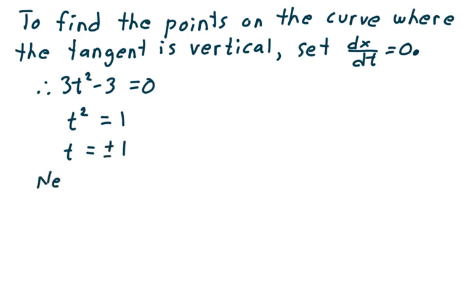And just like before, we need x and y. So if we go back, right, we're going to replace t with 1 and replace t with negative 1 in those parametric equations. So at t equal to 1, x equals 1 to the third minus 3 times 1, which is negative 2.